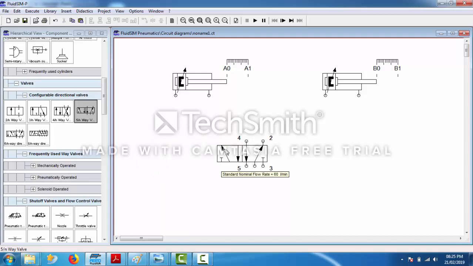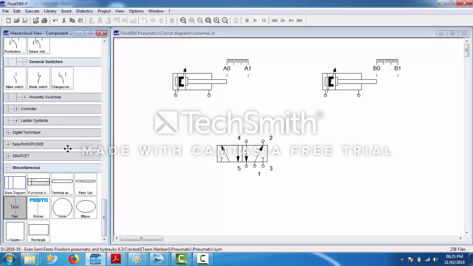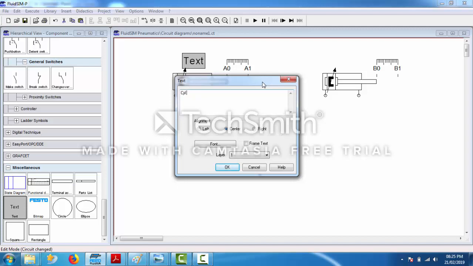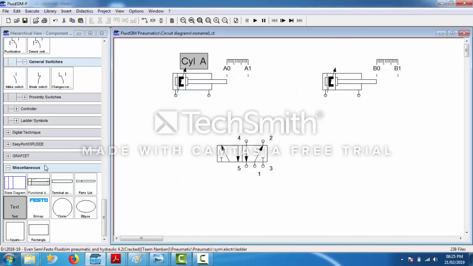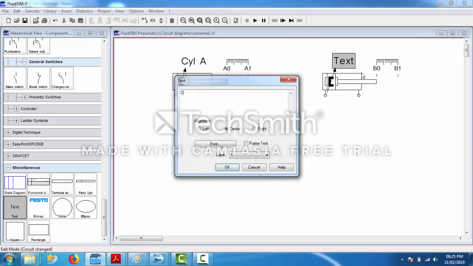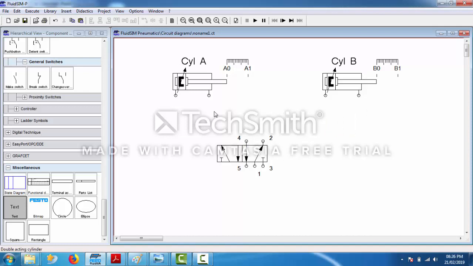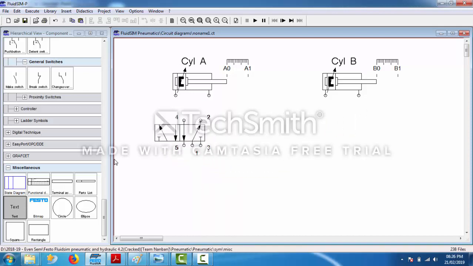Let us name the cylinders. This is your cylinder A. Similarly, this is your cylinder B. For cylinder A, we will require one 5 by 2 valve.